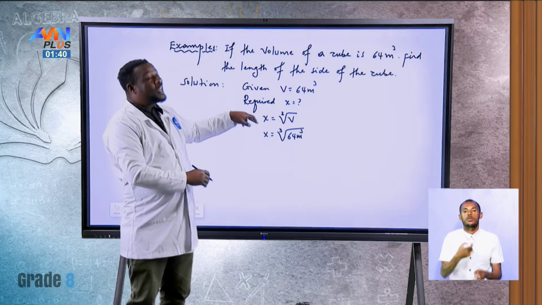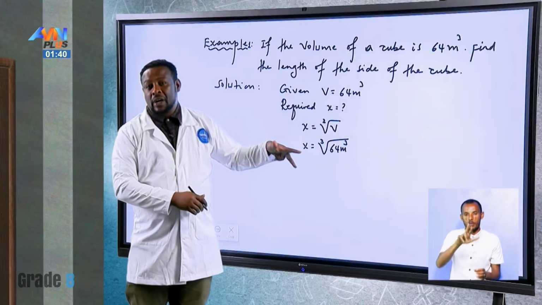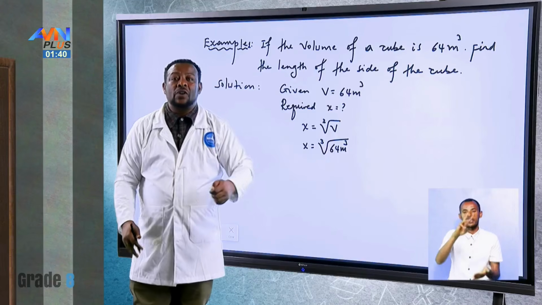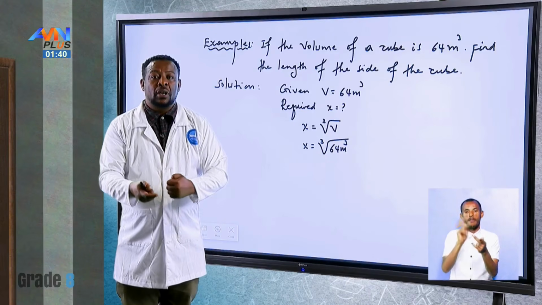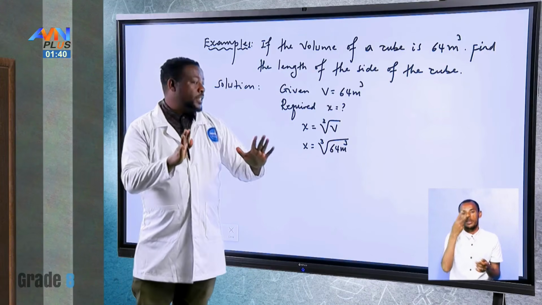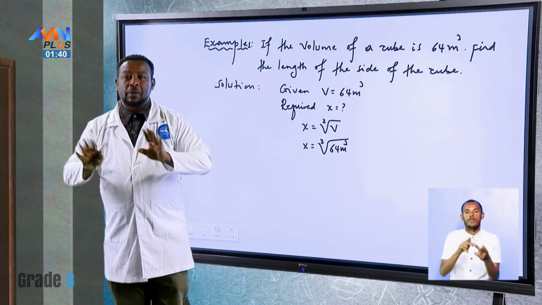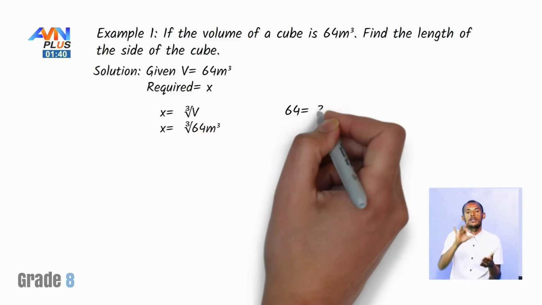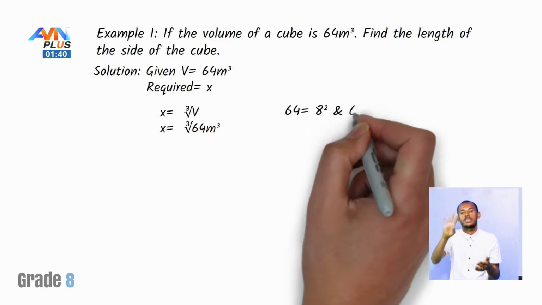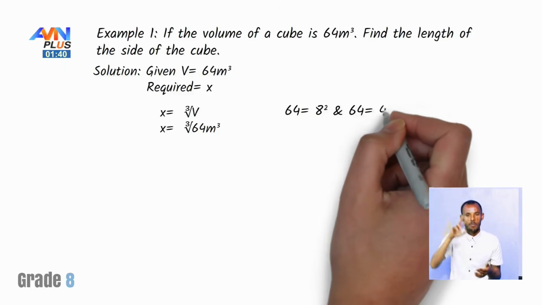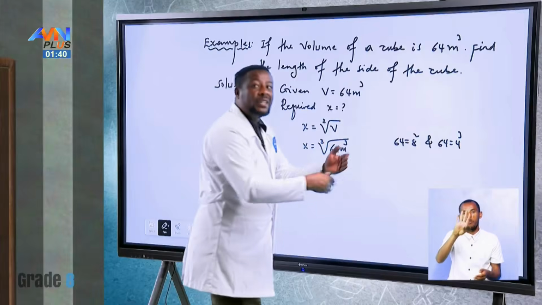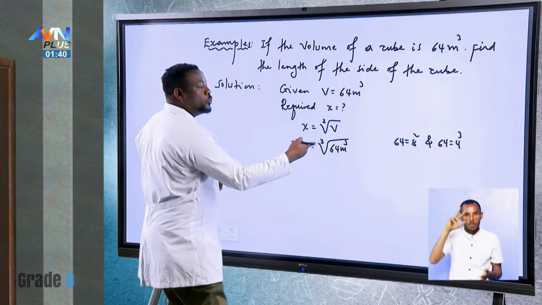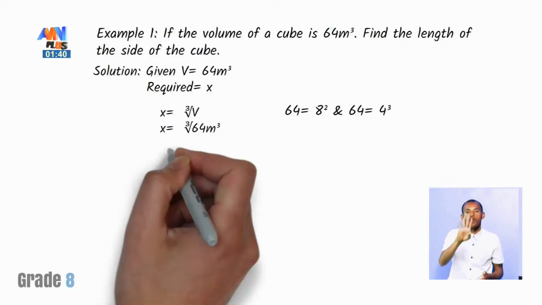To calculate the cubed root of 64, the easy way is to change this 64 into a certain perfect cube. Obviously, 64 is both a perfect square and a perfect cube. You can write 64 as 8 square, and you can write 64 as 4 cube. Since this is a cube root, you need to substitute 4 cube in place of 64.